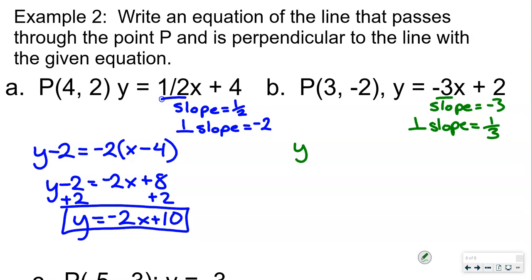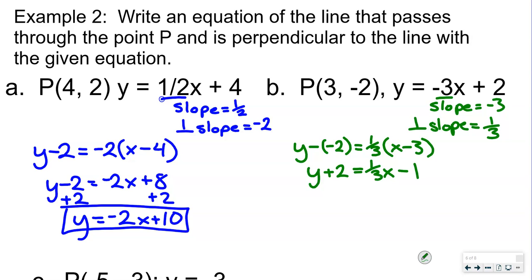So y minus negative 2 equals the slope of 1 over 3 times x minus 3. That becomes y plus 2 equals, distribute the 1/3, so 1/3 x, and then 1/3 times negative 3 is just going to be negative 1.